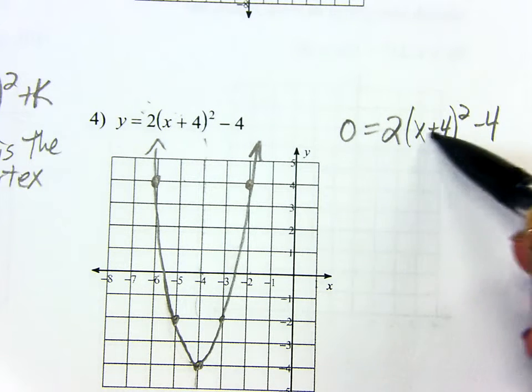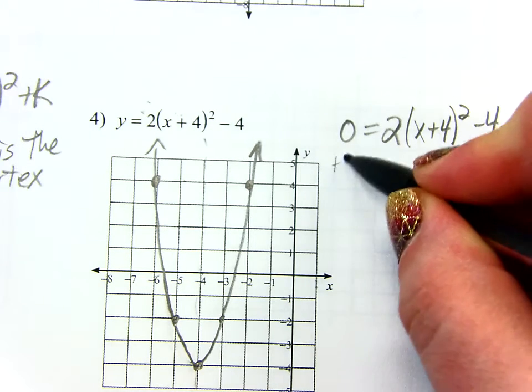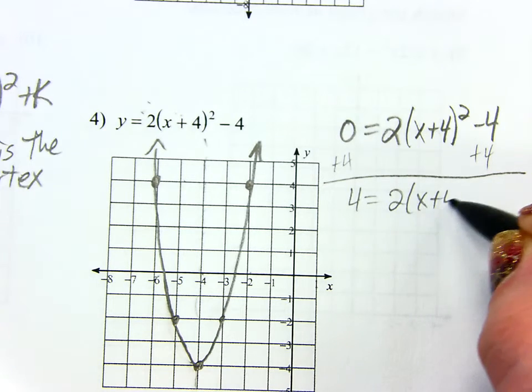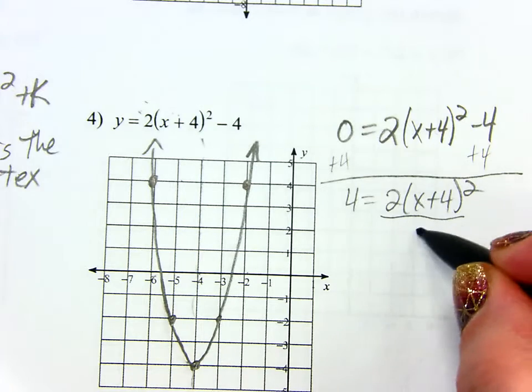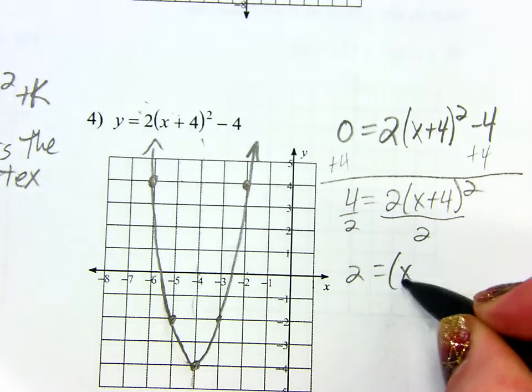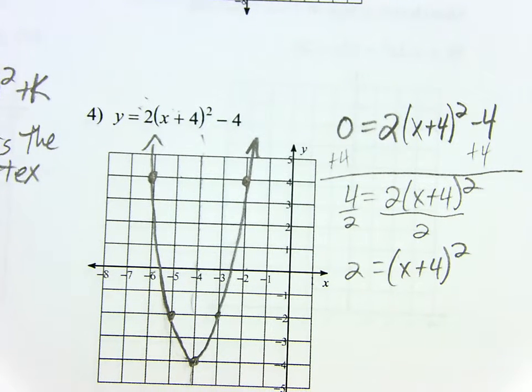Watch. Let's get the thing being squared by itself. So first I would add 4 to the other side. Divide by 2. The thing being squared is now by itself, right? So can I just square root both sides now? Yeah, you sure can.